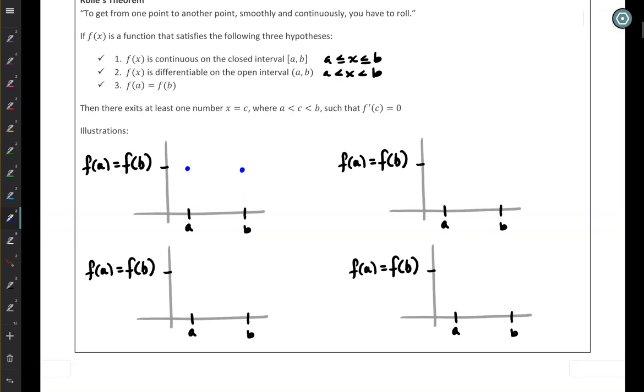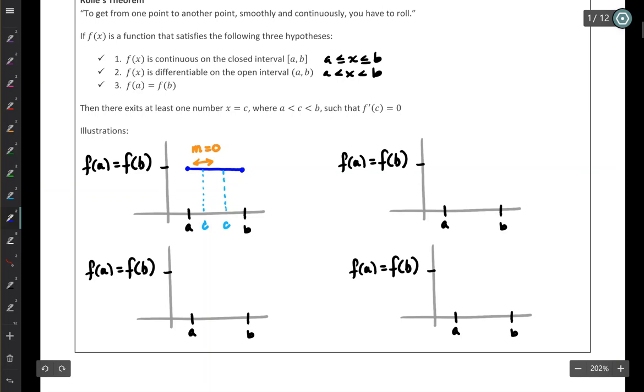So one option is that we just have a constant function, y is always f of a, y is always f of b. If that's the case, the derivative is always 0, right? The slope of a horizontal line is always 0. So there are, in fact, an infinite number of c's in between a and b where the derivative is 0.